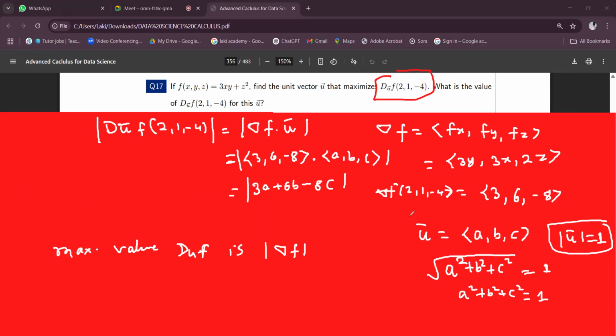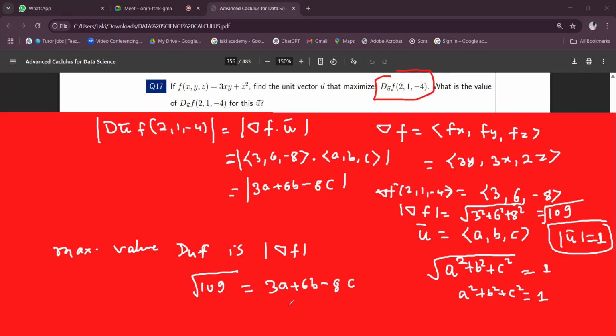So what is the absolute value of grad f? It's the square root of 3 squared plus 6 squared plus 8 squared. 109 you are getting, right? So the value of this will be root 109.